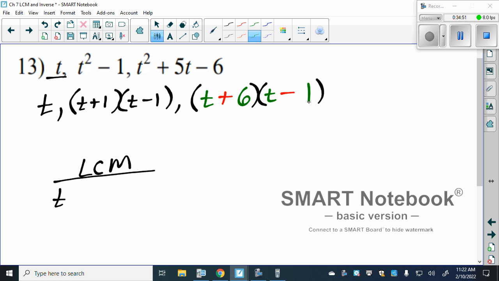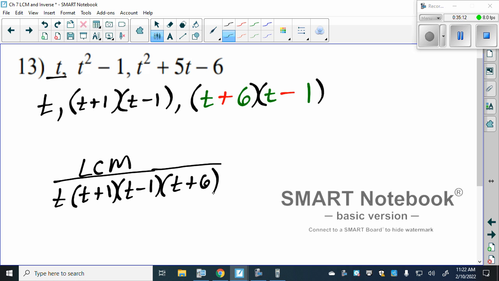So we already got the t by itself. What else do we need for the least common multiple? t plus 1 and t minus 1 and t plus 6. And that would be the least common multiple.